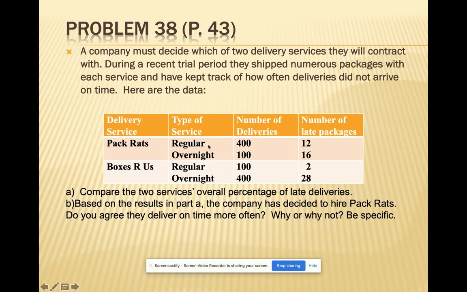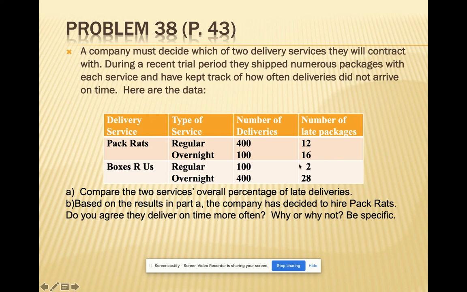Also, if regular packages were just as likely as overnight packages to be late, if there was no difference in percentage of late packages among regular and among overnight, then there wouldn't be anything else to consider either.